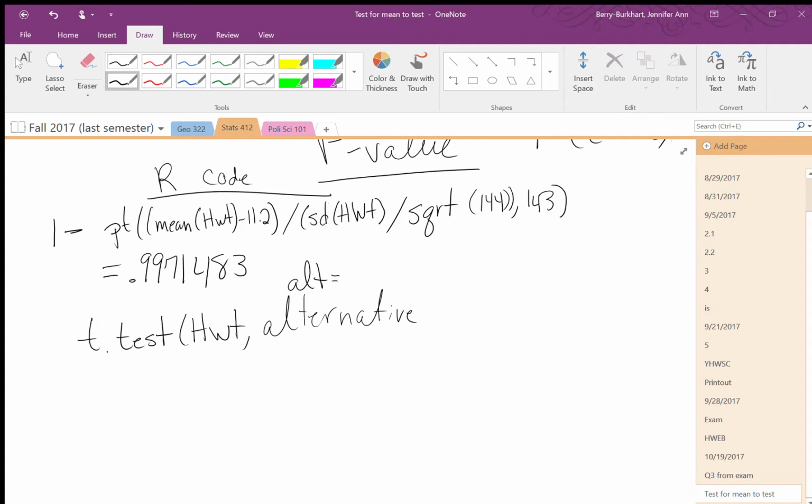The alt is greater, and here we're gonna have mu is equal to 11.2. See what happens, I'm gonna run this thing, hopefully it'll run. There you go, we did it correctly, okay? So here, it gives you everything.